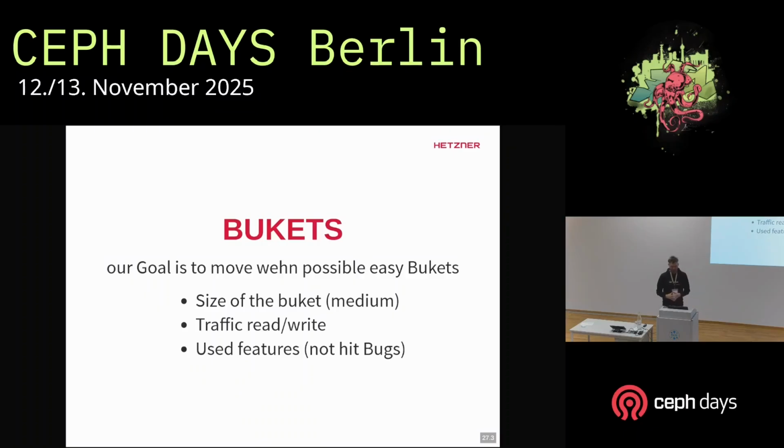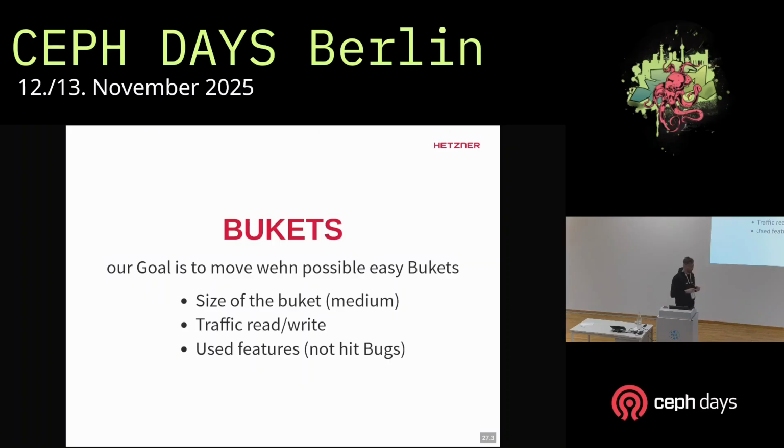And then we have to look into the features that are used with the bucket, like legal lock, retention policies, versioning, encryption, all those features. We want to take the buckets that are not using them at all, because otherwise we have to look more into detail whether the synchronization is done correctly.